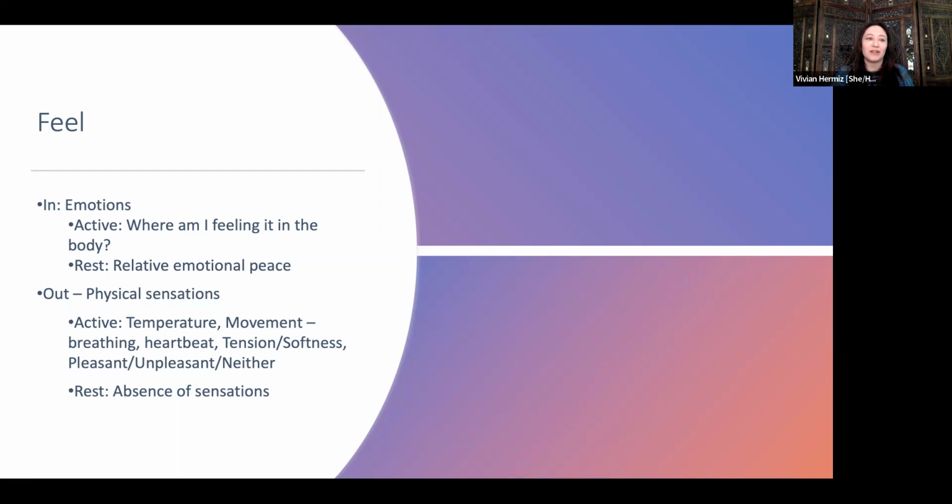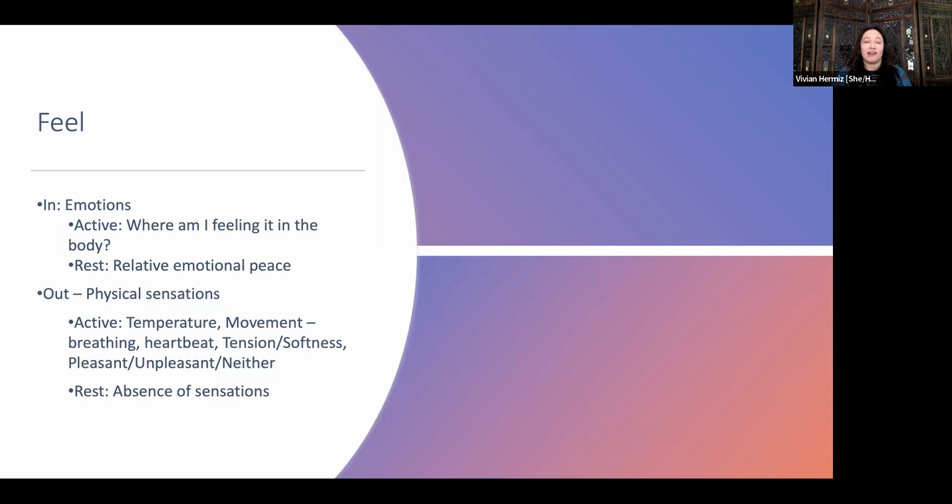And a restful feel in space would be when you're having relatively peaceful activity in the emotional space. So you can't really pinpoint a particular physical sensation that's being triggered by an emotional state.